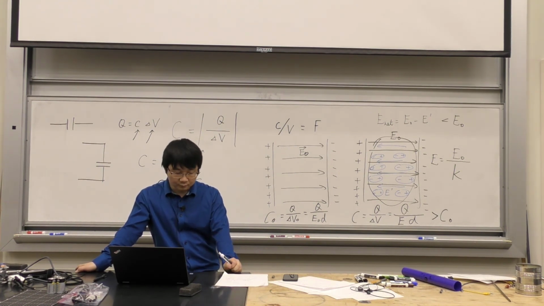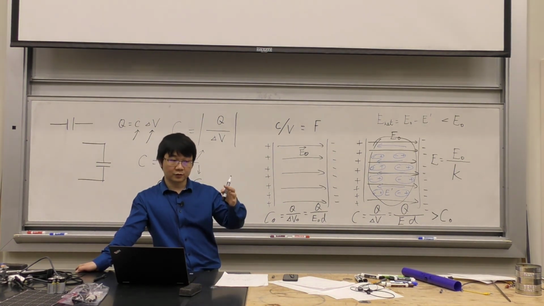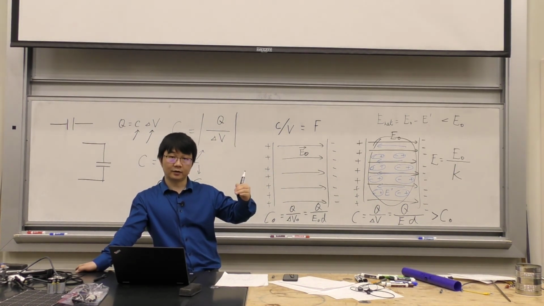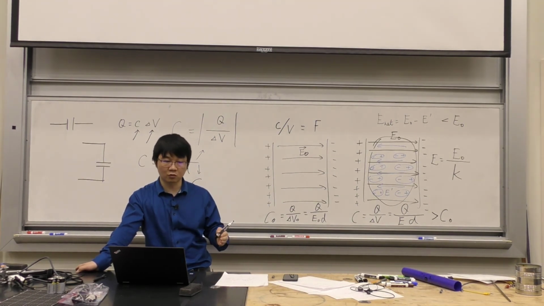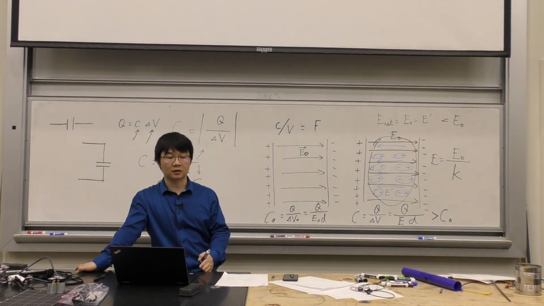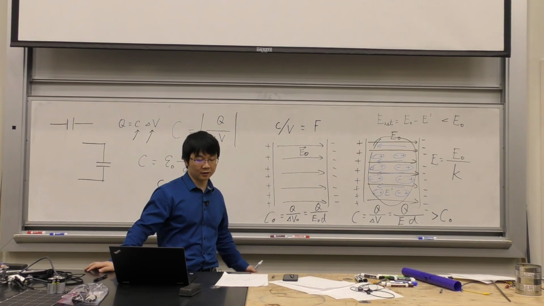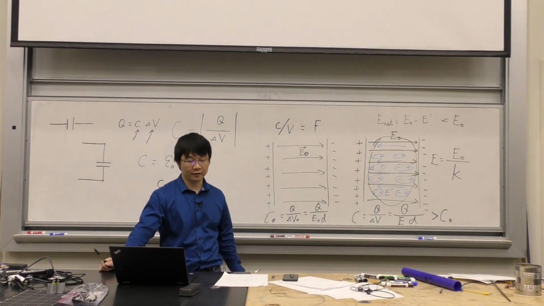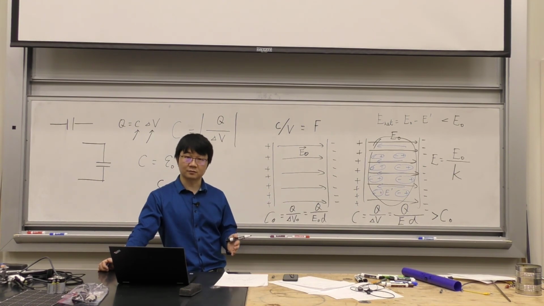Right. But if the electric field inside this air becomes really strong, so the electric force becomes so strong, it's going to tear these electrons apart from these atoms. So it's going to ionize the air, and then the air is going to become conducting.